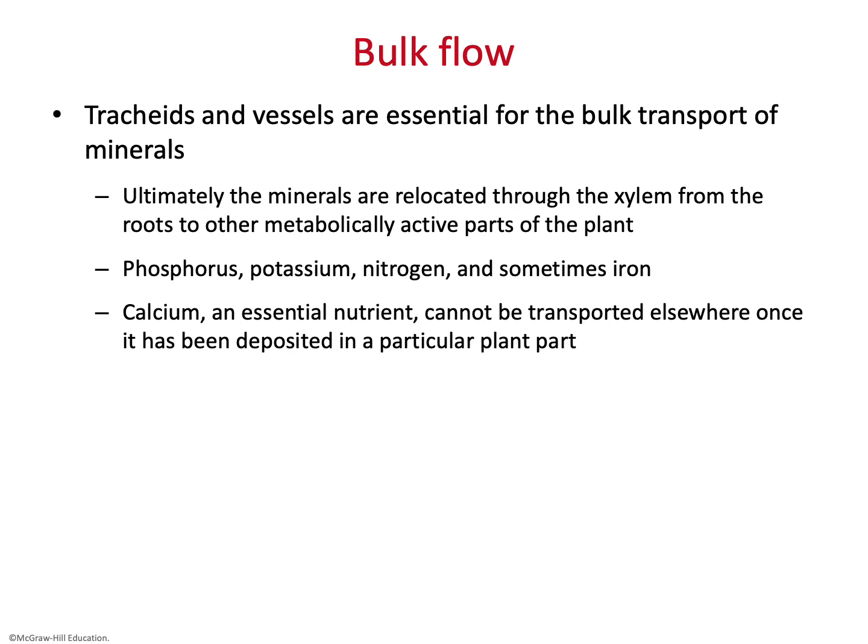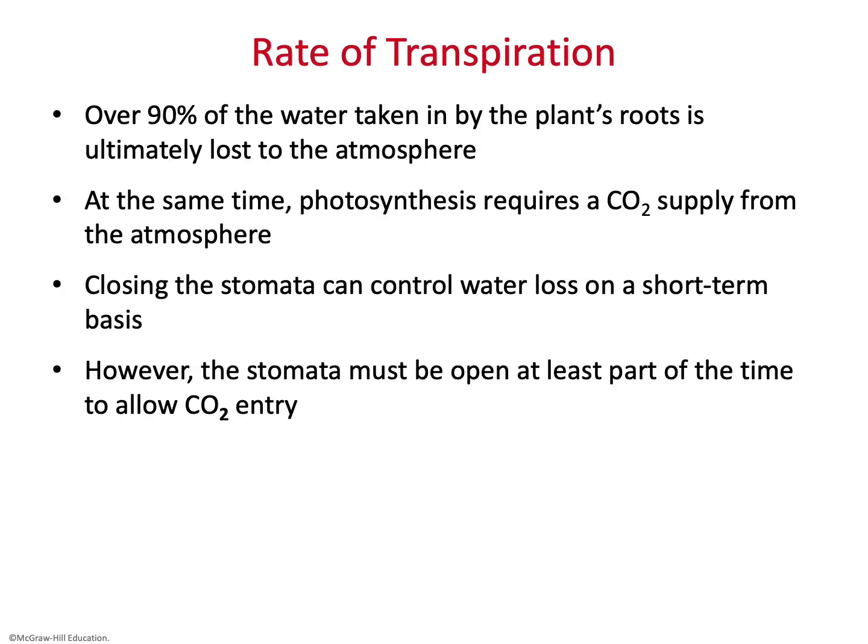In xylem, you can find phosphorus, potassium, nitrogen, and iron abundantly. Calcium is an essential nutrient that cannot be transported elsewhere once it has been deposited. So bulk flow includes not only water but also other minerals.